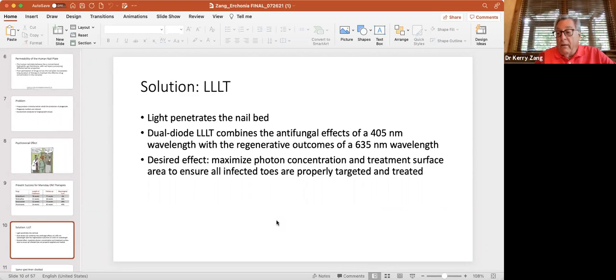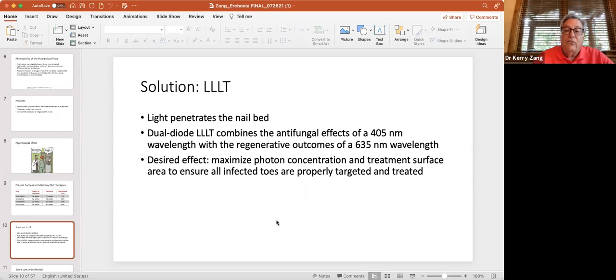So what's the solution? We've been looking for a solution for years, and its solution, in my opinion, is low-level laser therapy. Cold laser therapy, the light penetrates the nail bed. We use a dual diode device that combines the antifungal effects of the 405 nanometer wavelength with the regenerative outcomes of the 635 wavelength.